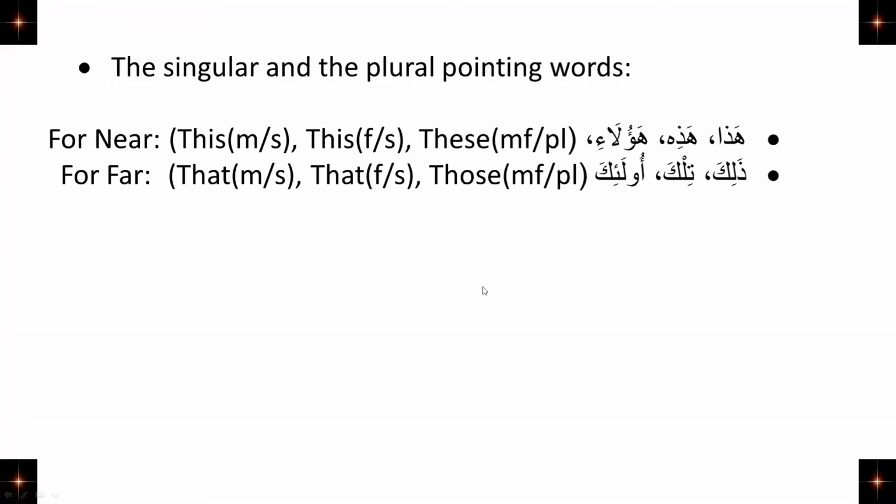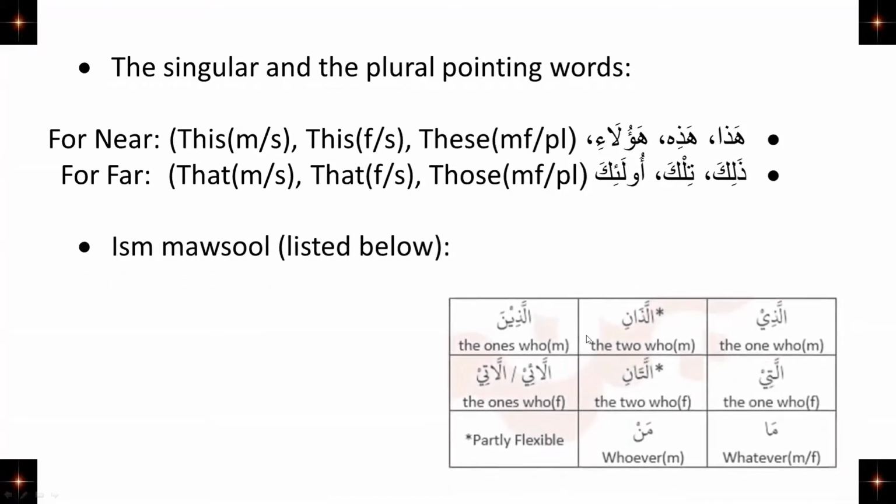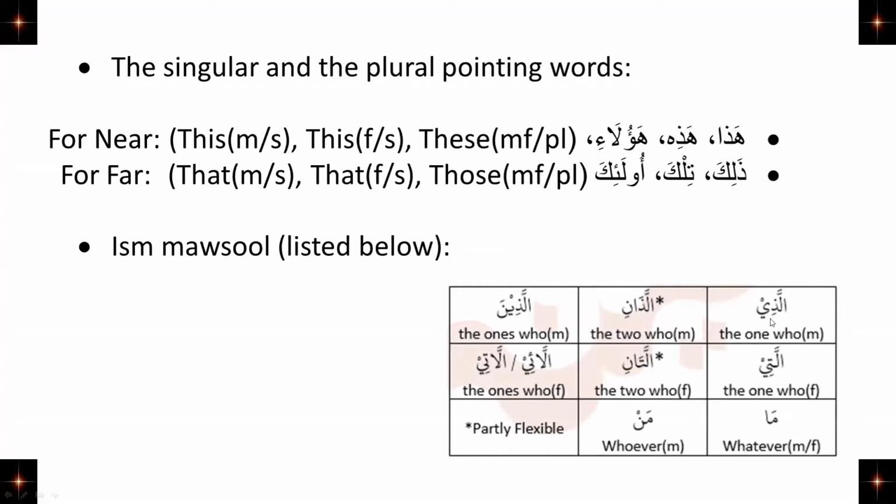So these are also part of the non-flexible isms. Ism al-asma al-mawsul are also non-flexible, except the ones with asterisks, which are partly flexible. Alladhi is non-flexible. Allati is non-flexible. Ma is non-flexible. Man is non-flexible. Alladhina, Allai, or Allati are all non-flexible.